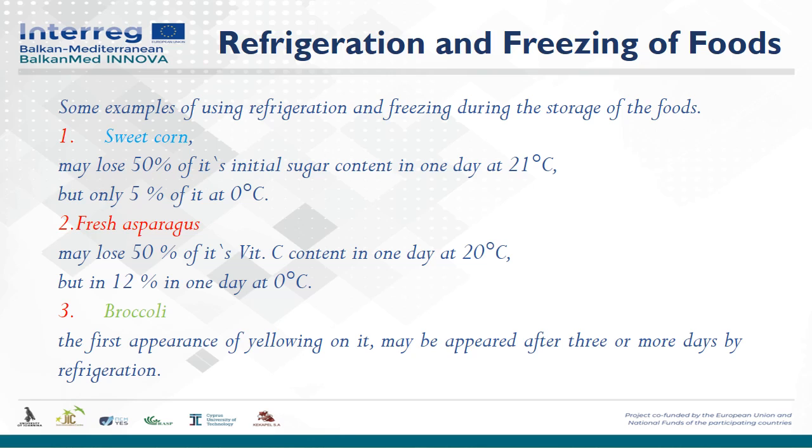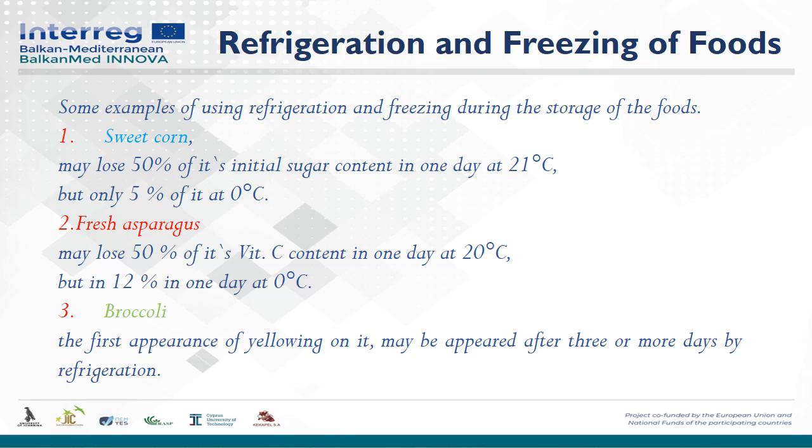It's a high value of the sugar content that we will lose if we don't control the storage condition by using low temperatures like 0 degrees. So controlling the storage condition helps to save the quality of many food products.